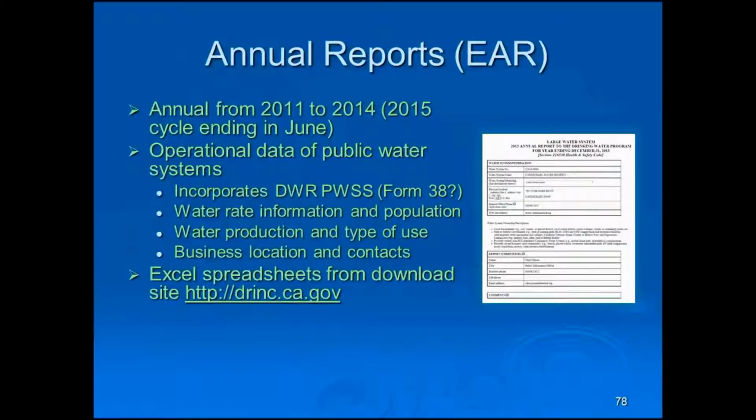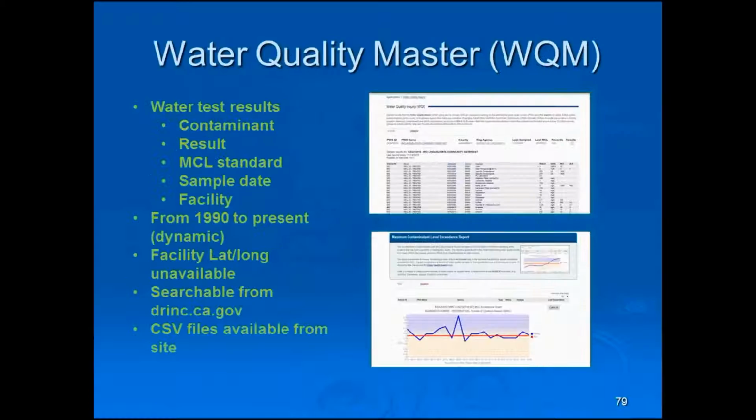It's one year in arrears, meaning we're right in the middle of our 2015 cycle. So we're obtaining all the information for 2015 currently, and that'll be done in June. But we do have 2011 through 2014 available now.